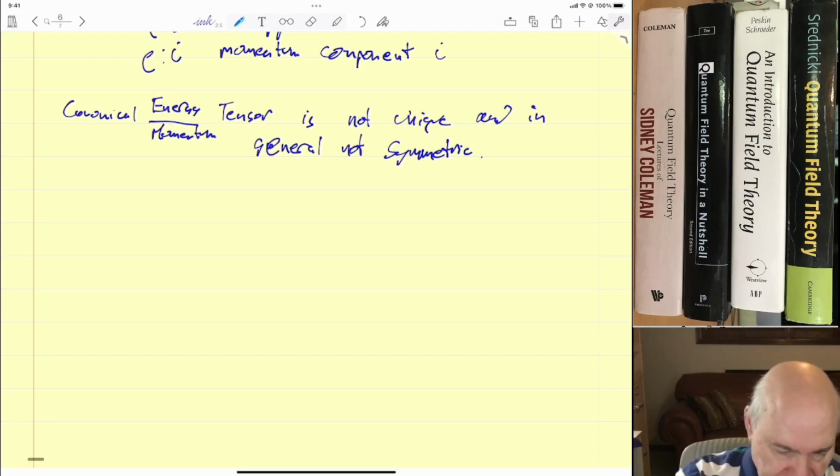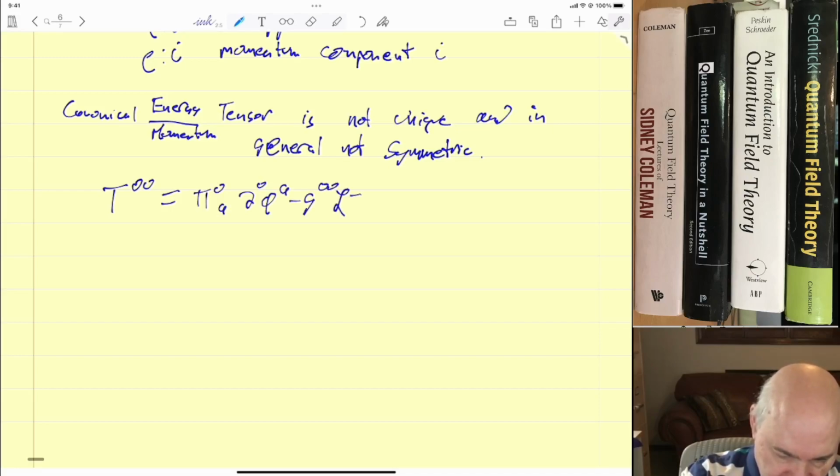And just to give you an example, if we were to compute, let's say, T00, we would get pi 0a partial 0 phi a minus g00 L, which is equal to pi a phi dot a minus L. Remember, the zeroth component of this object is just the canonical momentum. That is our definition of the Hamiltonian density, so we end up getting energy density, as we expect.